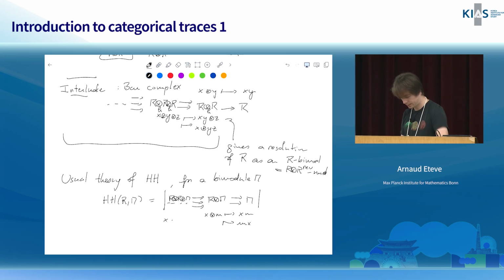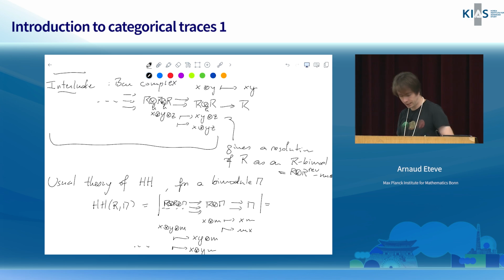So X tensor Y tensor M will go to XY tensor M, X tensor YM, and Y tensor MX here, and so on.